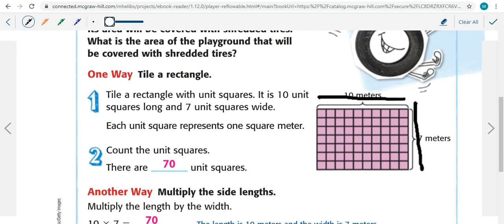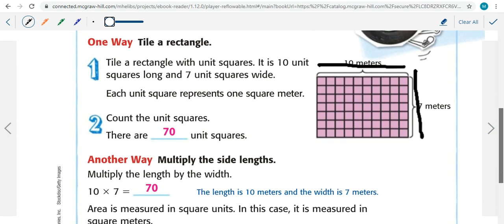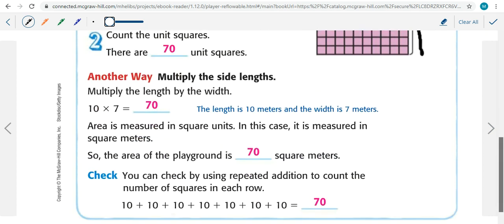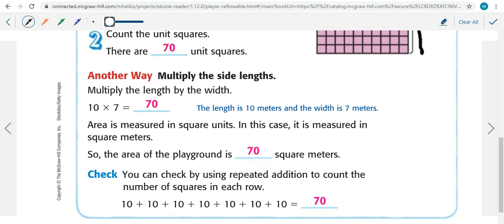You are going to count all of the squares or simply multiply 10 times 7. There are 70 square units, so the area that will be covered with tires is 70 square meters. Or you can check your answer by using repeated addition. You add 10 seven times and the answer is 70.